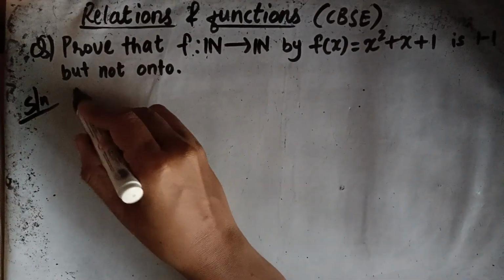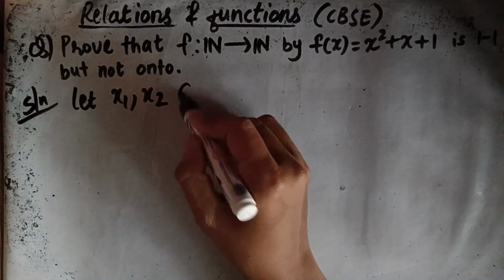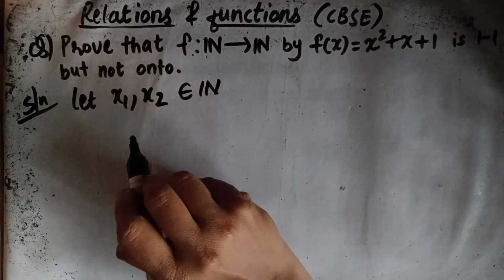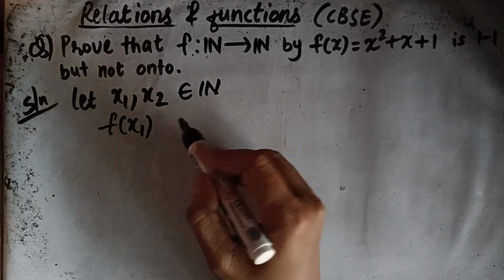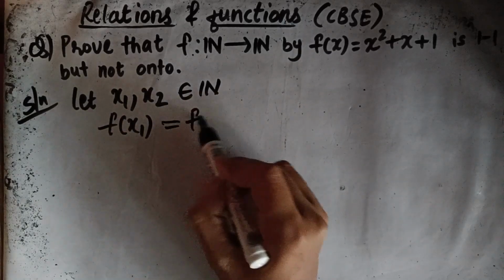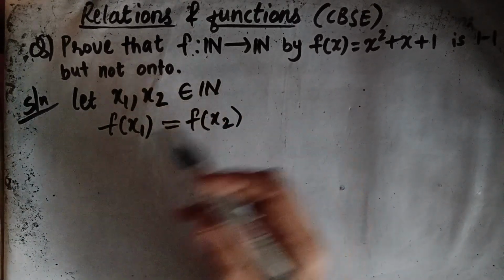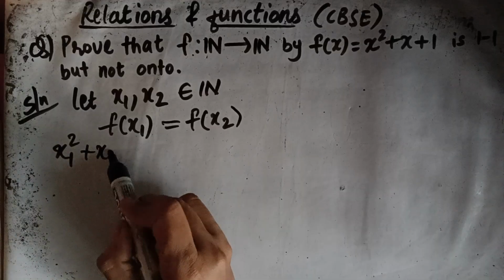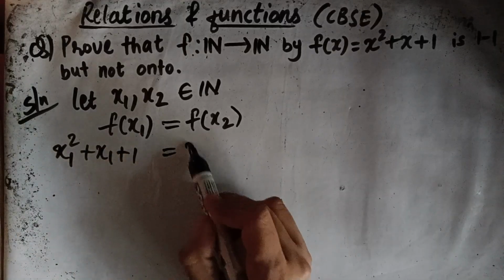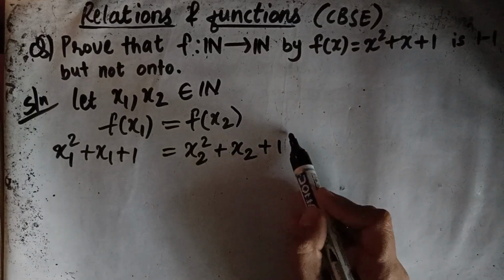Let's say x1, x2 belong to the set of natural numbers. We start from f of x1 equal to f of x2 and we'll show that x1 is equal to x2. So f of x1 is x1 square plus x1 plus 1, equal to x2 square plus x2 plus 1.